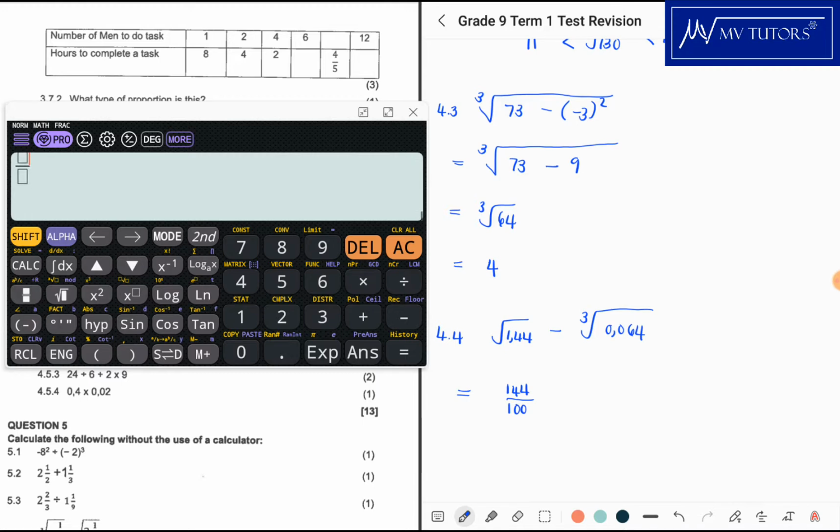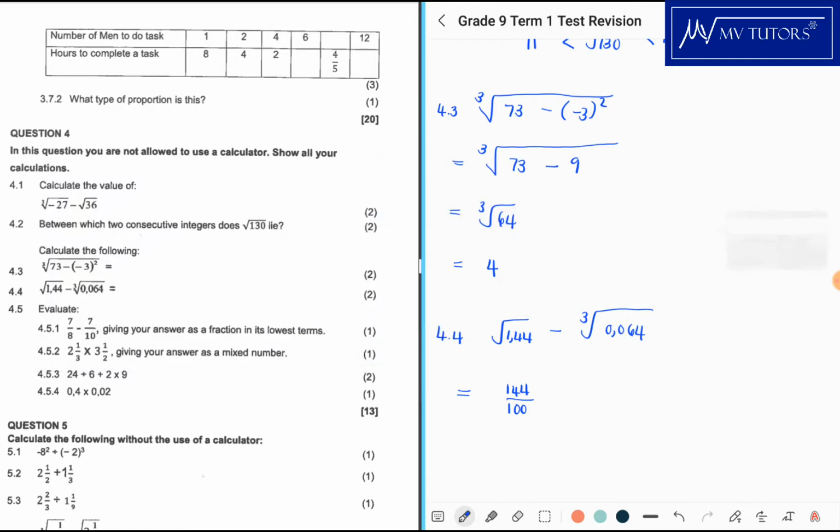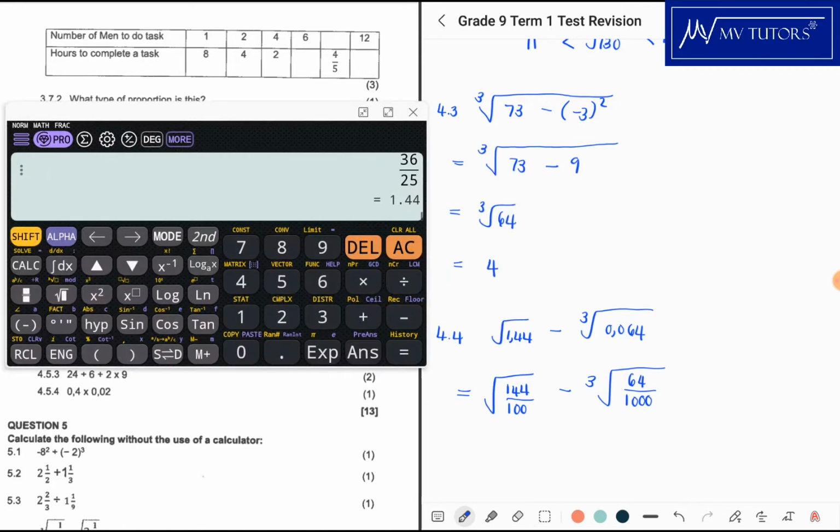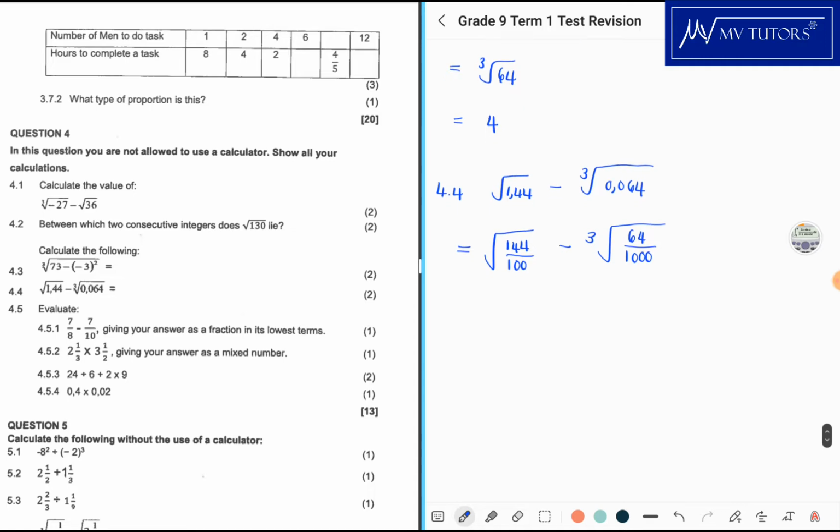That's what the calculator is there for. So 144 over 100 is 1,44. Great. And that's a square root. Minus the cubed root. 0,064 is the same as 64 over 1,000. But if you're not sure, check. So, is this yes, it is. So great. Now we can work out.